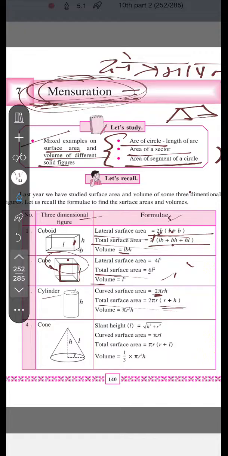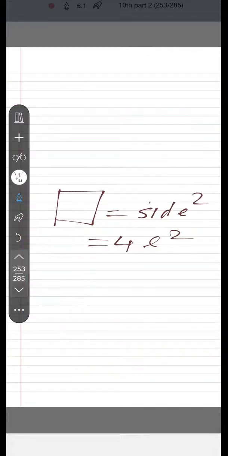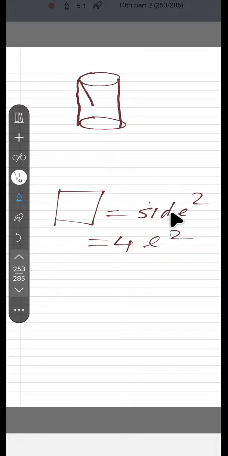We have already talked about the cylinder. Now let's talk about a cone. See students, if this is a cylinder shape, and if I cut this cylinder into three parts, part one, part two, and part three. We all know the formula for the volume of a cylinder is pi r square into h.